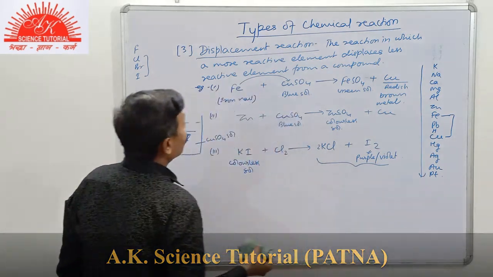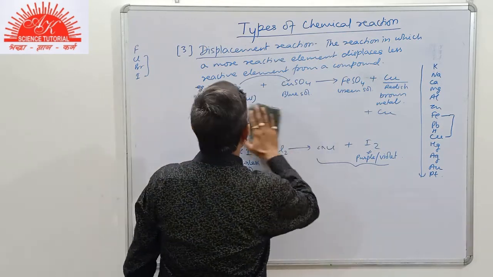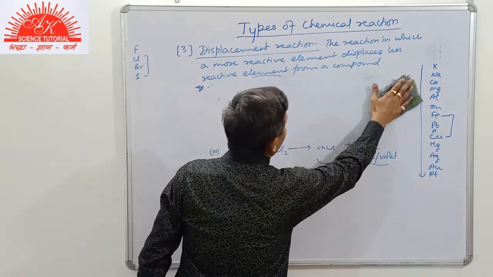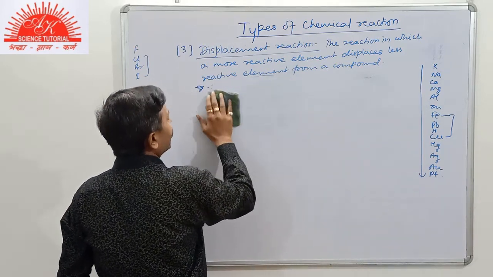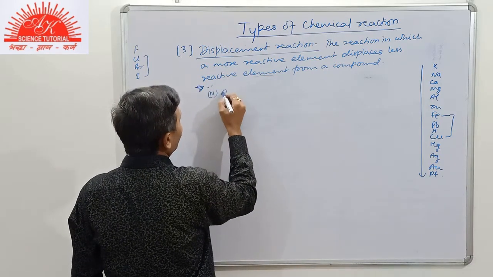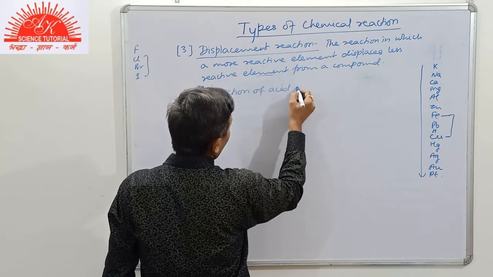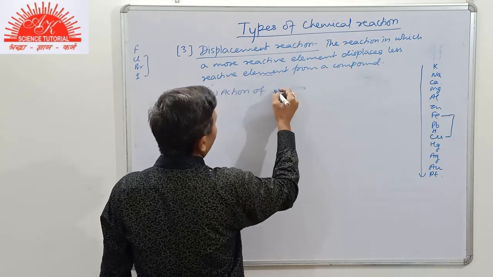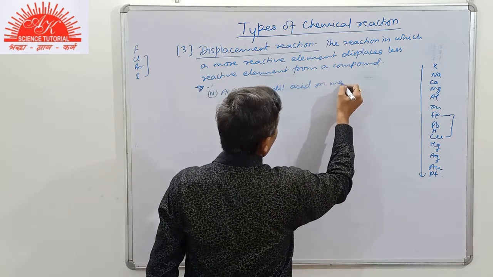Now take some more examples. Suppose we take another example, which in general we perform in a laboratory, that is the action of dilute acid on metal.